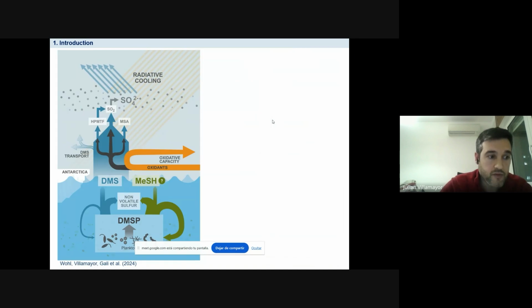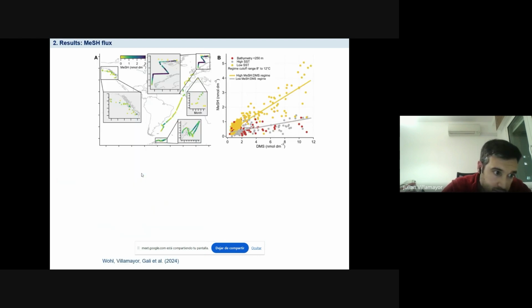However, despite the proven relevance of methanethiol formation, its high reactivity to metals and surfaces, especially, has challenged its measurement in seawater. So, in contrast to the DMS, global scale mapping of methanethiol concentration or sea-to-air fluxes are not available so far. Hence, the global emissions and climate impact of methanethiol remain unexplored so far.